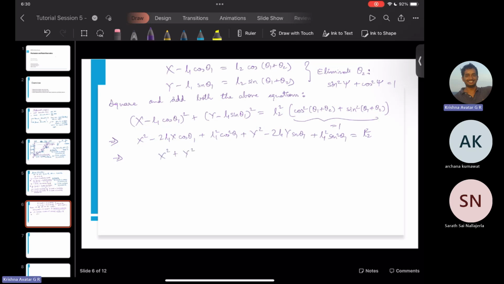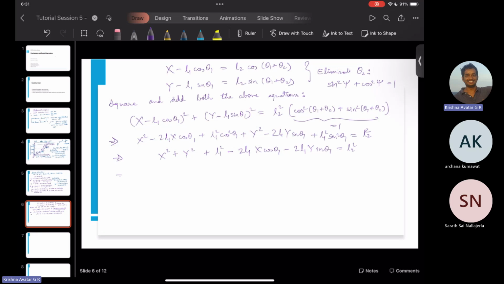So we have X squared plus Y square plus L1 square cosine square theta 1 plus sine square theta 1, that is just L1 square, right? Minus 2 L1 X cosine theta 1 minus 2 L1 Y sine theta 1 is equal to L2 squared.